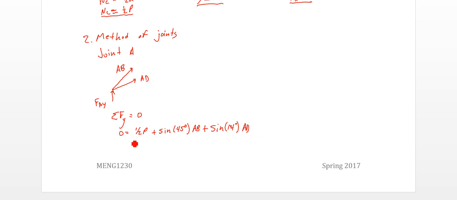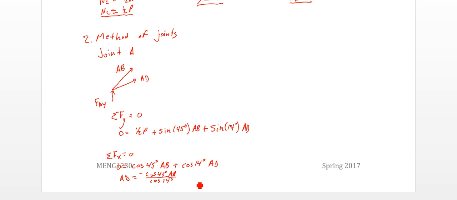We'll leave that here for the time being, and we'll do our sum of forces in X equals 0. So we're going to have 0 equals cosine 45 AB plus cosine 14 AD. AD equals negative cosine 45 degrees AB over cosine of 14.